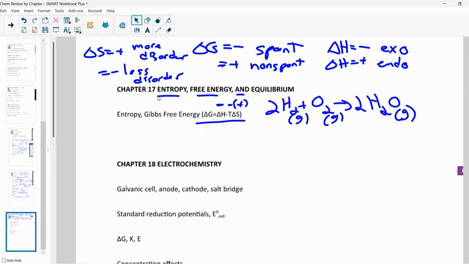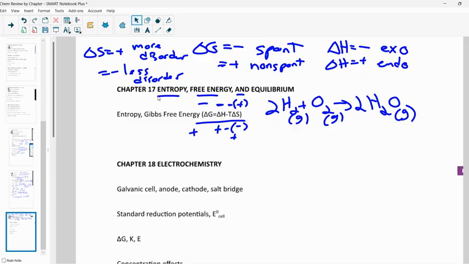The universe likes disorder, likes everything in disorder. So when we have these, no matter what, our delta G is going to be negative and it's going to be a spontaneous reaction. And if we have the opposite, where delta H is positive, endothermic, and our delta S is negative, becoming more ordered, our delta G is always going to be a positive value, always non-spontaneous or spontaneous in the reverse direction.